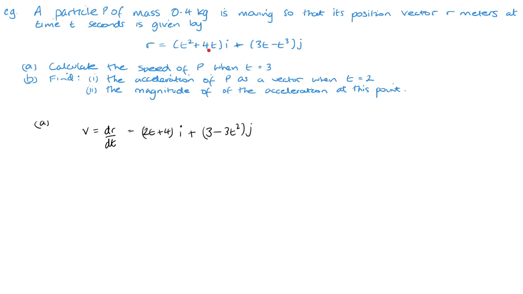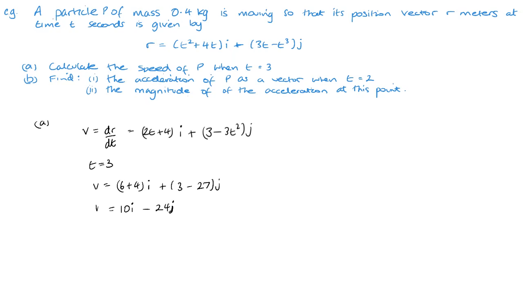Now I've got t equals 3, which I need to substitute in. So my velocity is (6 plus 4)i plus (3 minus 27)j, 3 squared is 9 times 3 is 27, or 10i minus 24j.